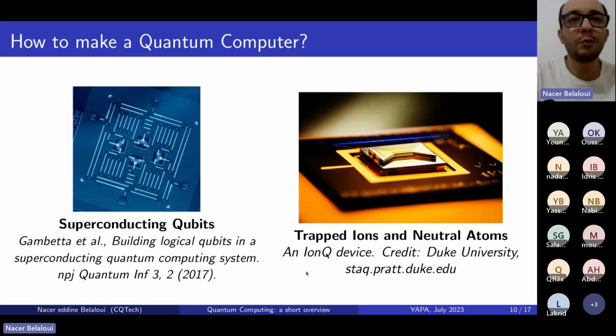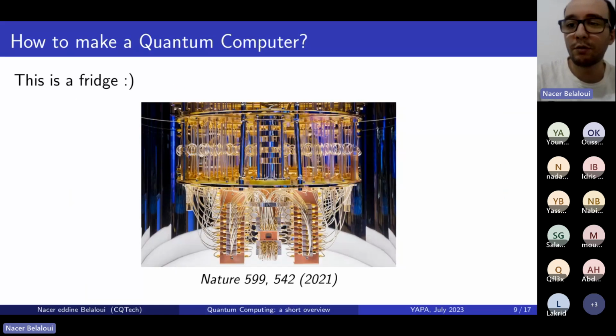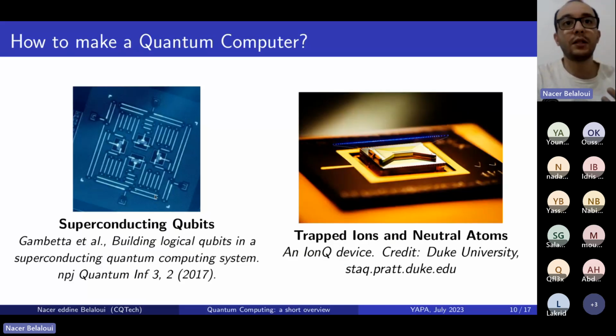So this picture, I want to get back to it. This is used to cool down superconducting qubits, which we can see here. This is from IBM. This is a 4-qubit device. So it's basically a very small electrical circuit that is printed on superconducting material, so it will behave quantumly at low enough temperatures.